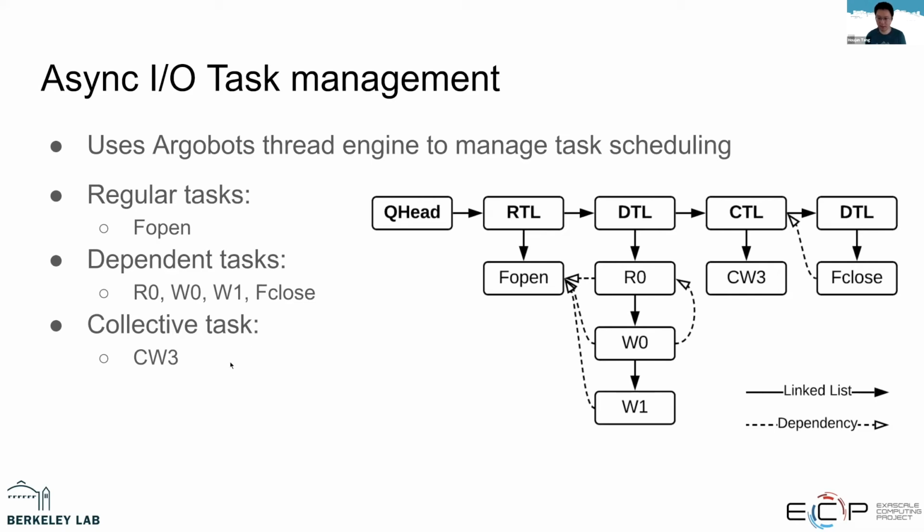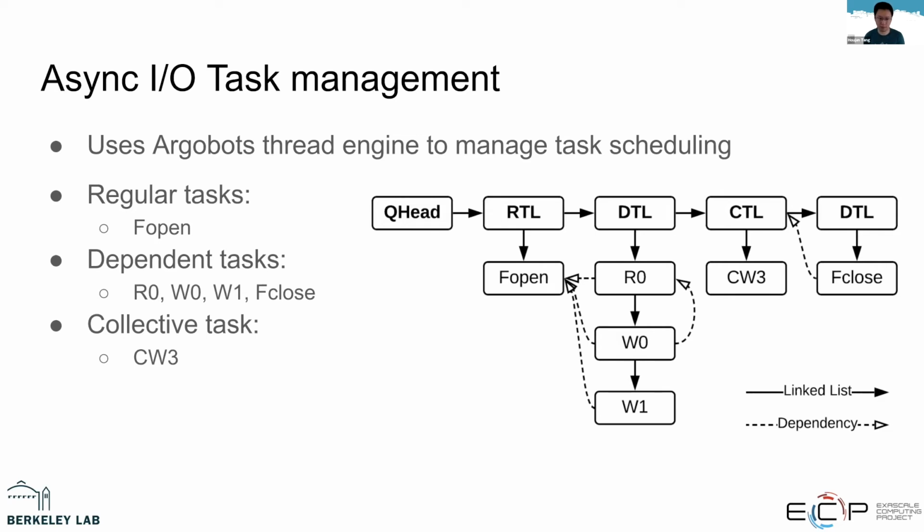So the collective task is managed independently because of the nature of the MPI collective operations. We do not want to have the collective task in the application to be executed out of order.